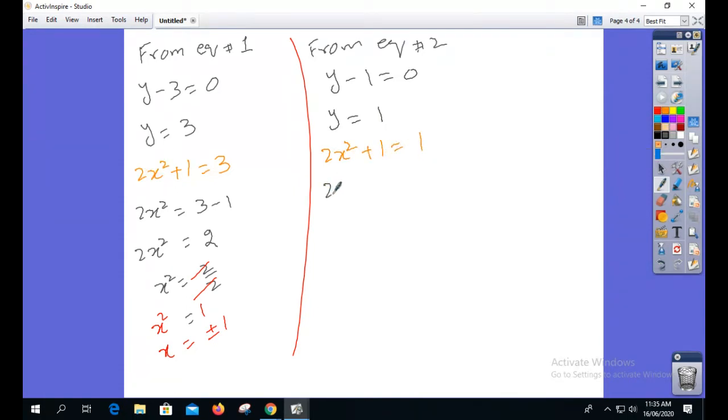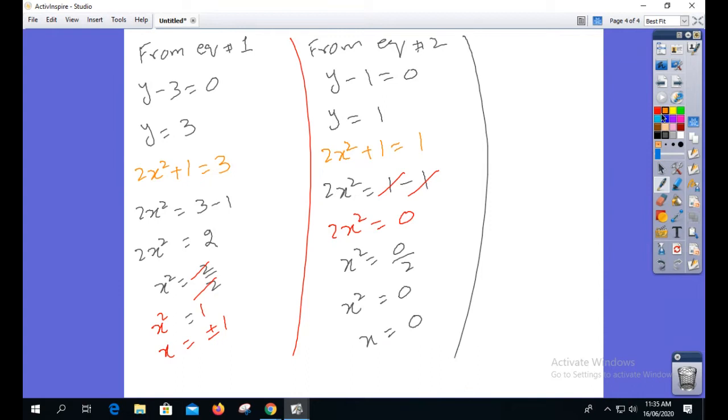And after simplifying, 2x square equals to 1 minus 1. Cancel out and we have 2x square equals to 0. X square equals to 0 by 2 and the answer is 0. By taking square root, we have just 0. So what is our solution set? Solution set is plus minus 1 and 0. This is our solution and answer.